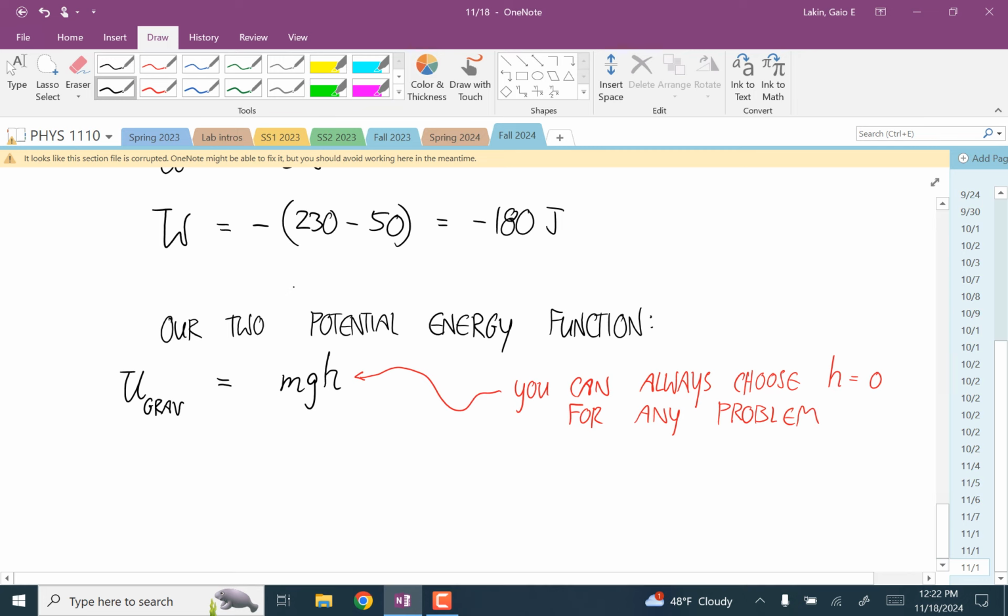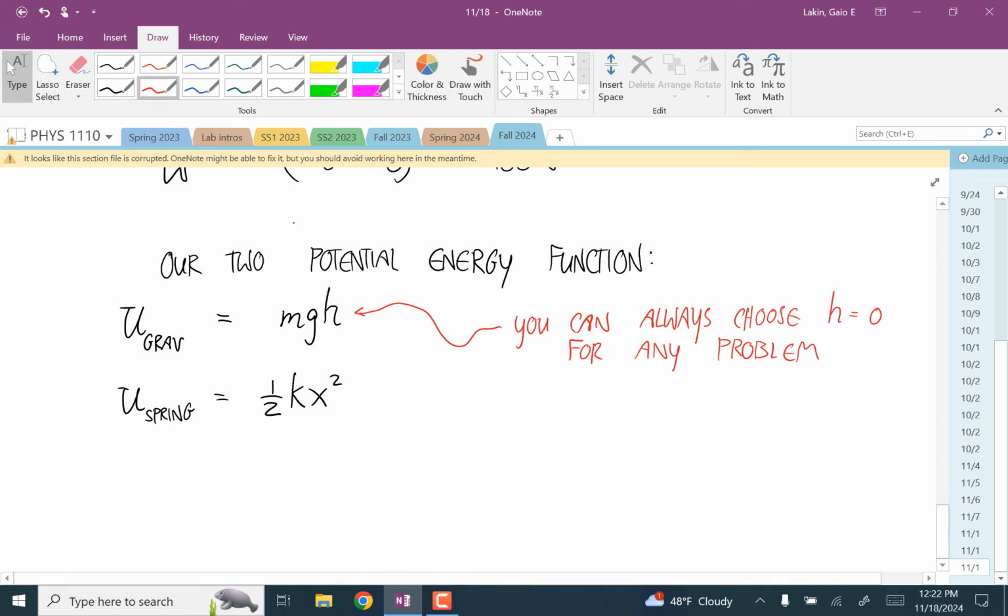The second one of these is for spring forces. And the potential energy is 1/2 times k times x squared, where this k is the spring stiffness.